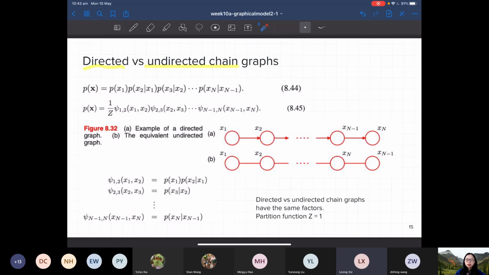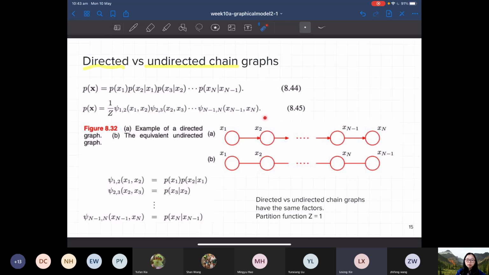Because we know the expression 8.44 is properly normalized, we can now readily map out the content of each potential term and the Z, right? So we can say that phi of 1, 2 involves the prior of x1 times the conditional of x2 given x1. So basically the joint of x2 and x1.